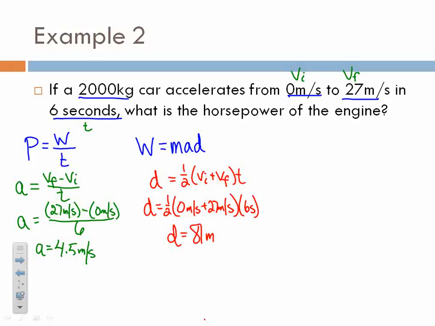Now I have acceleration, I have distance, and my mass is given to me in the problem as 2,000 kilograms. I can solve for my work, and once I solve for my work, I can then solve for my power. So up here I have my mass of 2,000 kilograms, my acceleration of 4.5 meters per second squared, and my distance of 81 meters.